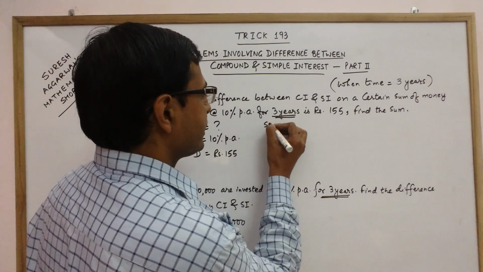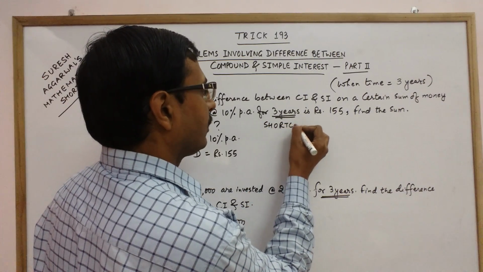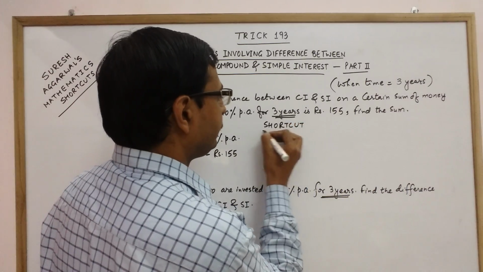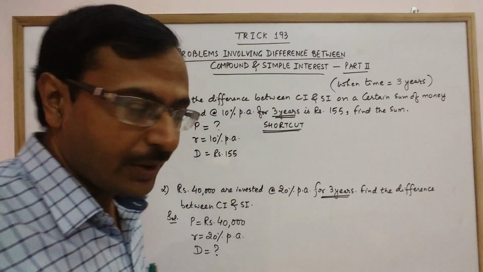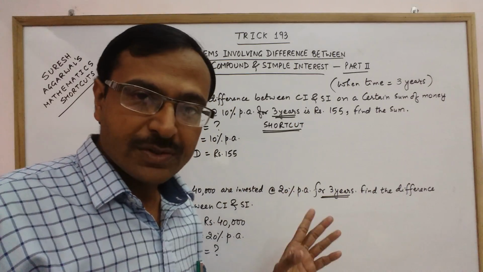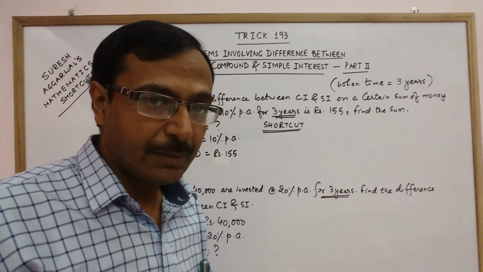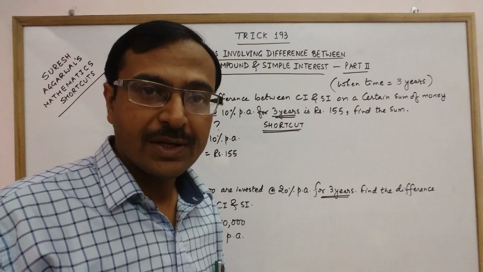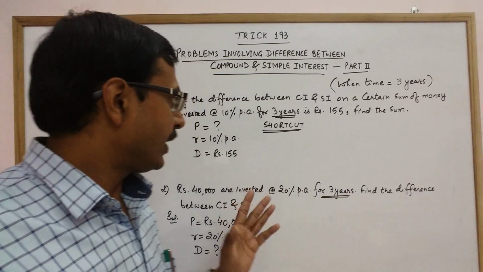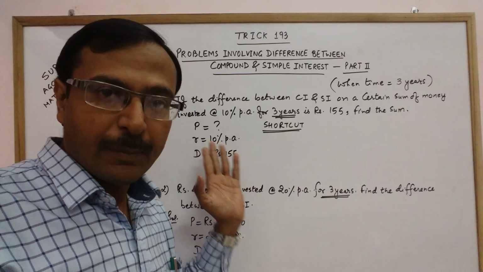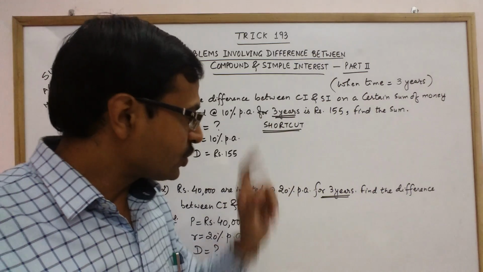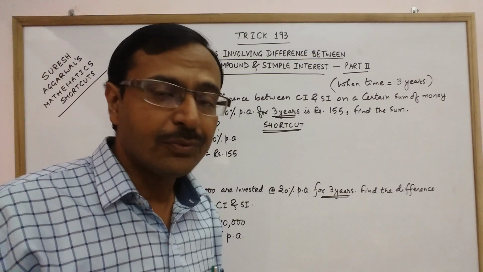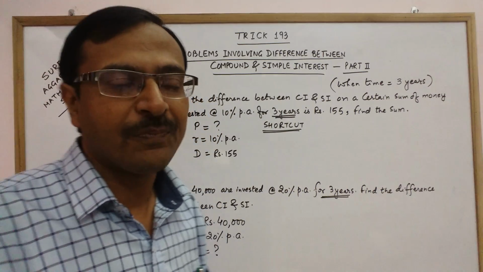So the shortcut for this is a very good and amazing shortcut, because the traditional method will consume a lot of time. You have to find compound interest, you have to find simple interest, apply long formulas and then solve it to get the required principal amount. So by using this shortcut you will be able to do it in 3 to 4 seconds time only.